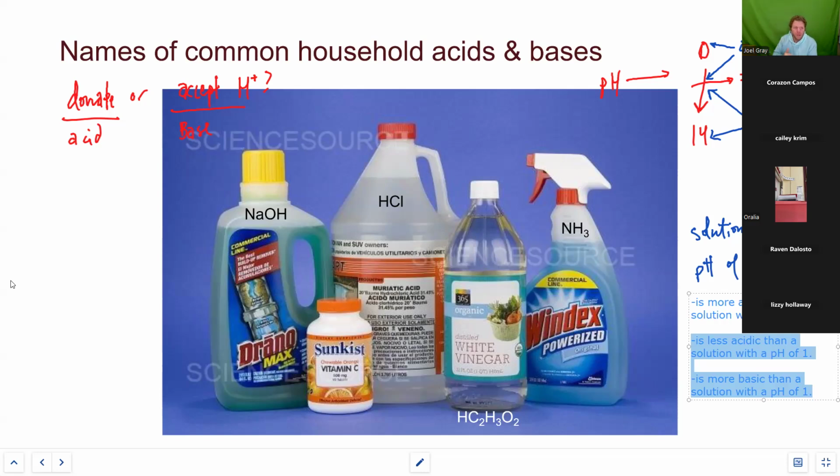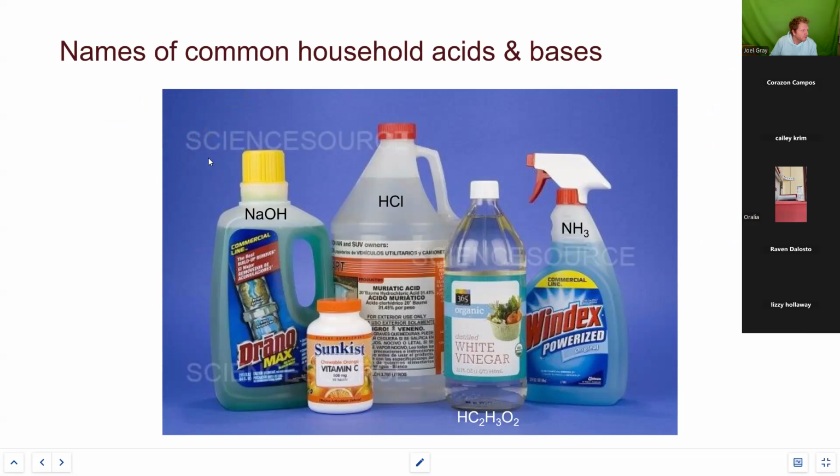A solution with a pH of 3, well, 3 is higher than 1, and therefore it's more basic. You can also say 1 is a very acidic solution, so that's more acidic than a solution with a pH of 3. I think that's a helpful way to think about this, and I would expect exam questions and quiz questions related to that. All right, now we proceed from here.